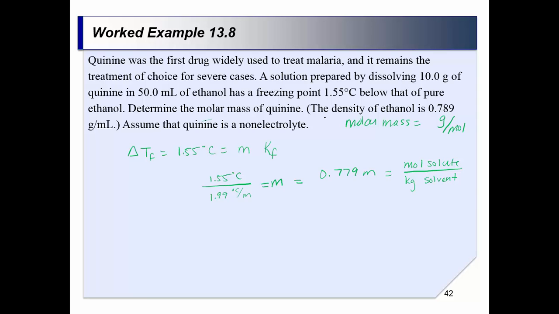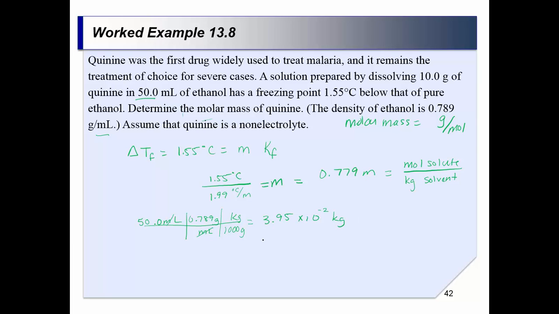I have the density of ethanol here, and I was told 50 milliliters. So I'm going to take those 50 milliliters, multiply by the density, and convert that into kilograms, and I get the mass of my ethanol is 3.95 times 10 to the negative 2 kilograms.